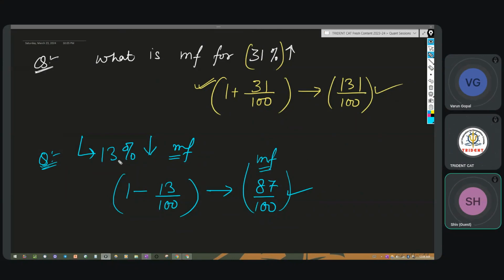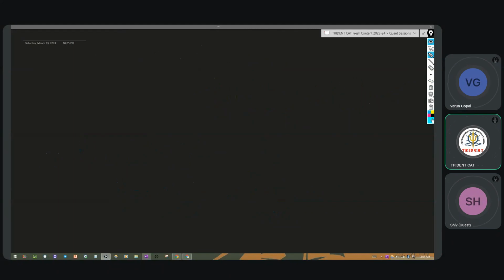Sure. Yes, sir. Okay, so I'm erasing this slide. Please remember the template. The template is original number, percentage increment or percentage decrement, final number.